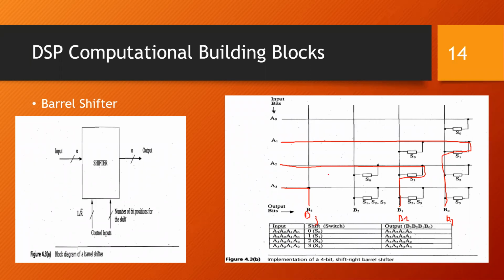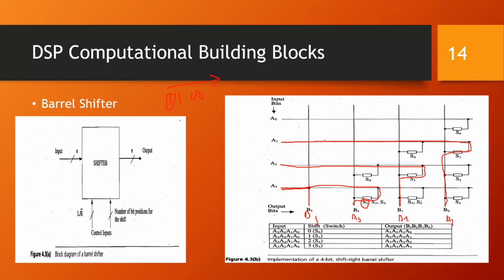Now here you can see another thing. In this path, A3, if you just see, I have switch S1 present over here. So this path gets established and A3 will be available here. So in this one, if 1100 is the number, whatever this bit is, that will be retained and then it will be propagated.